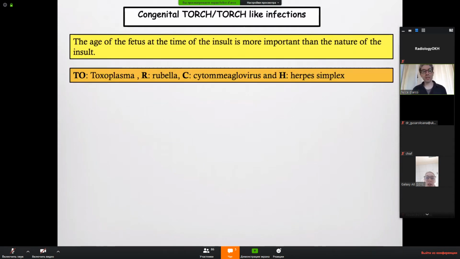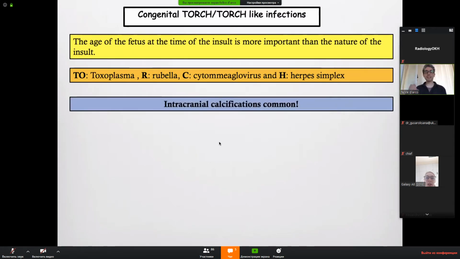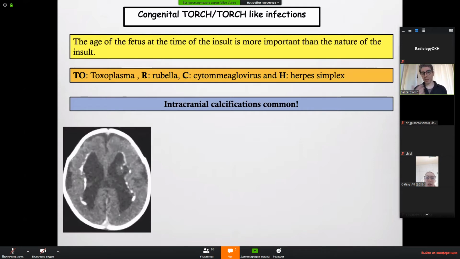Another important thing is, TORCH is toxoplasma, rubella, cytomegalovirus, herpes, and then you also have syphilis. But another important thing is intracranial calcification, very, very common. You can have periventricular calcification, more frequent in infection, while deep gray matter calcification, so calcifications in the basal ganglia, are more common in Aicardi-Goutières and other neurogenetic disorders.